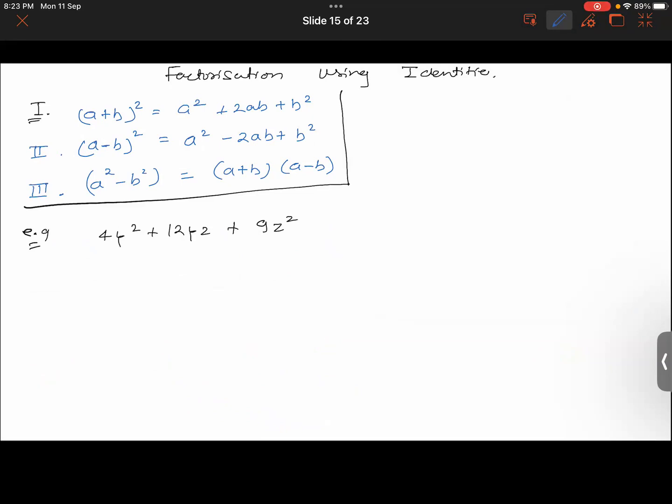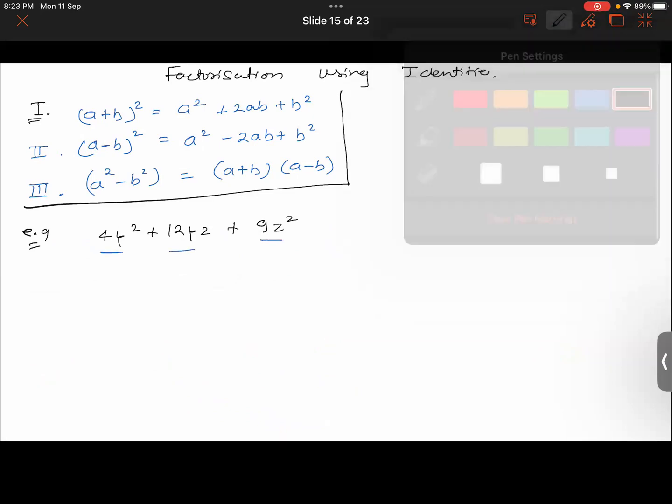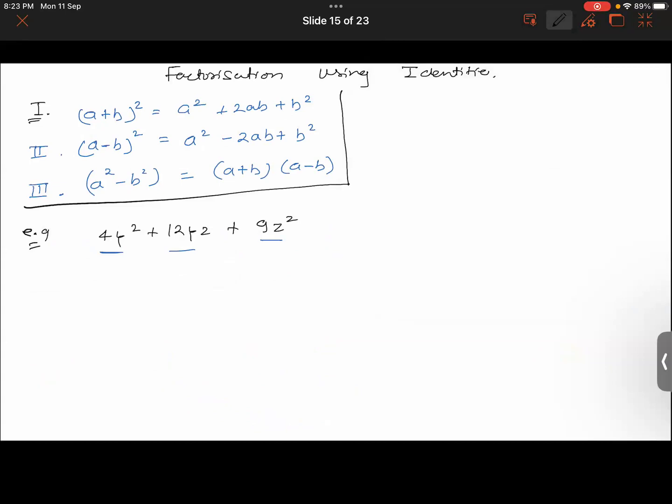If you observe the first term, second term, and third term, is it in the form of a square of some algebraic expression? Is 4y square the square of 2y? 2y whole square. Is 9z square the square of 3z? 3 into 3, z square.